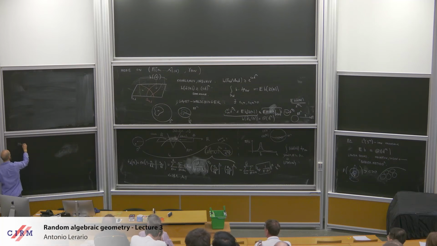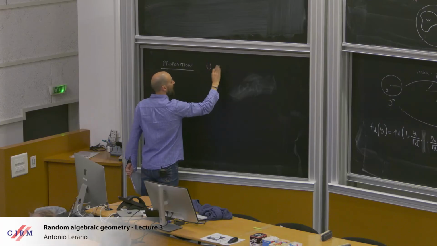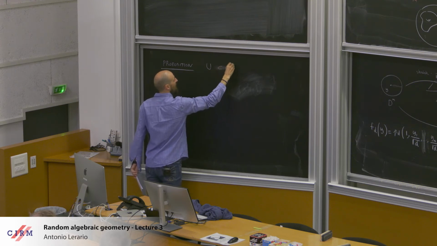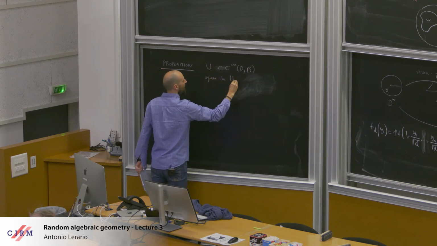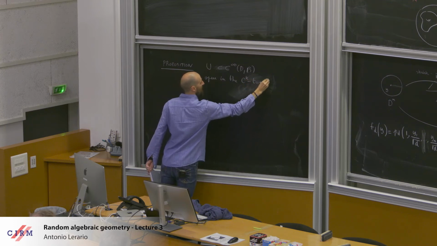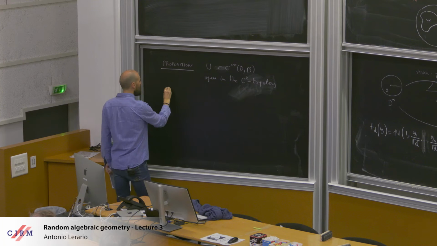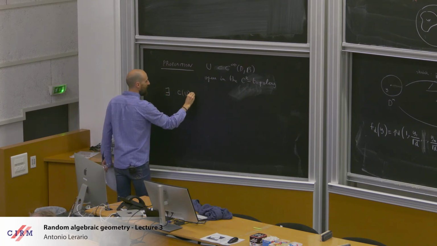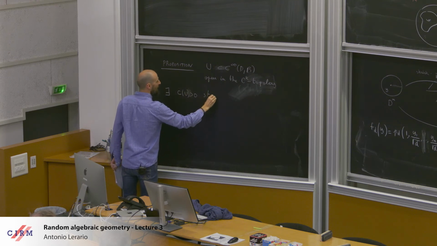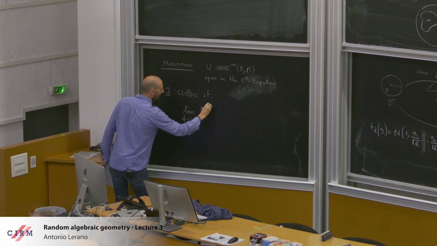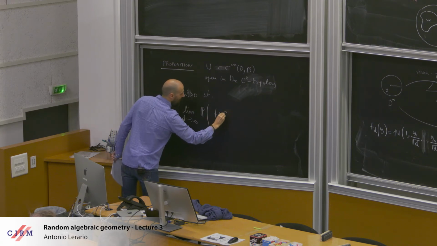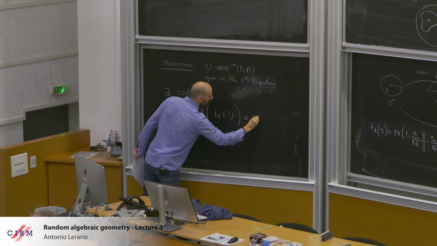There is this proposition: if you take an open set U in the C^k topology, then there exists a positive constant c_U such that as you send the degree d to infinity, the probability that F_d belongs to U equals this constant.